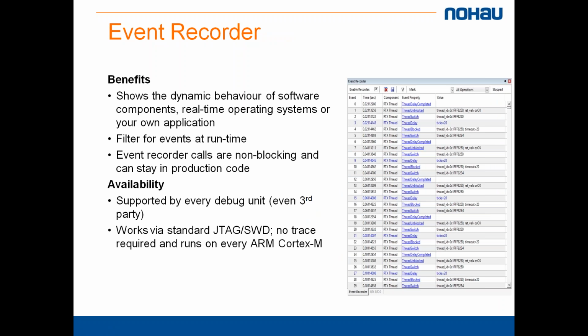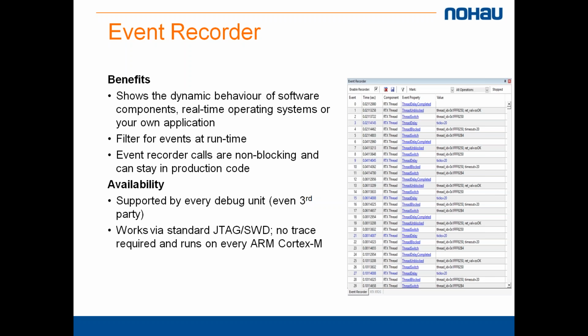There's also something called the event recorder. This is a kind of message passing. It can give you the dynamic behavior of the software. You can get messages on what your real-time operating system is doing, or you can of course write these types of messages yourself.